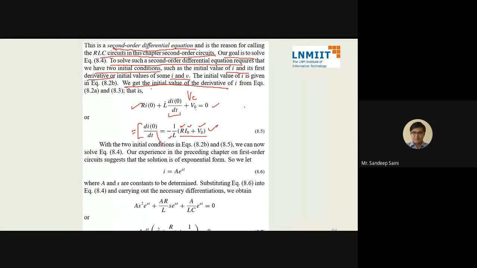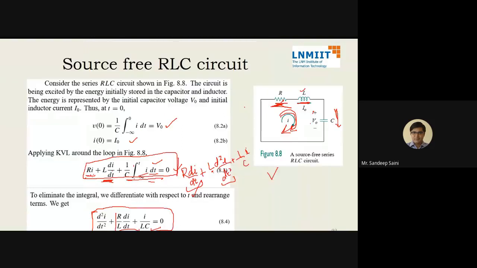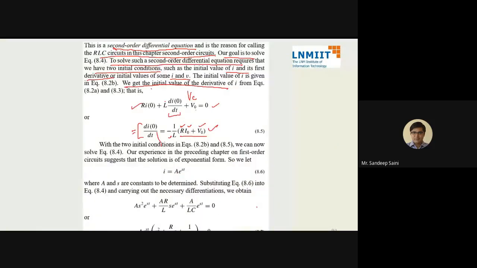I am assuming that my equation is d square I by dt square plus R by L di by dt plus I by LC equal to 0. This equation will have some solution, that means I is equal to something plus something.